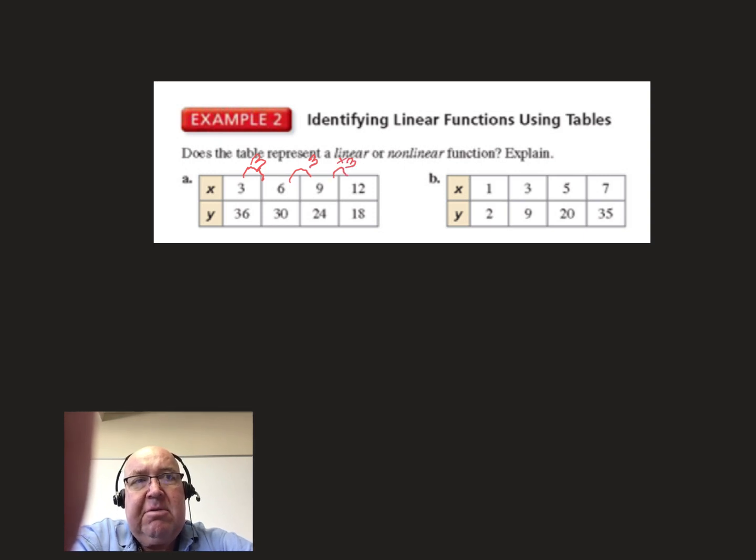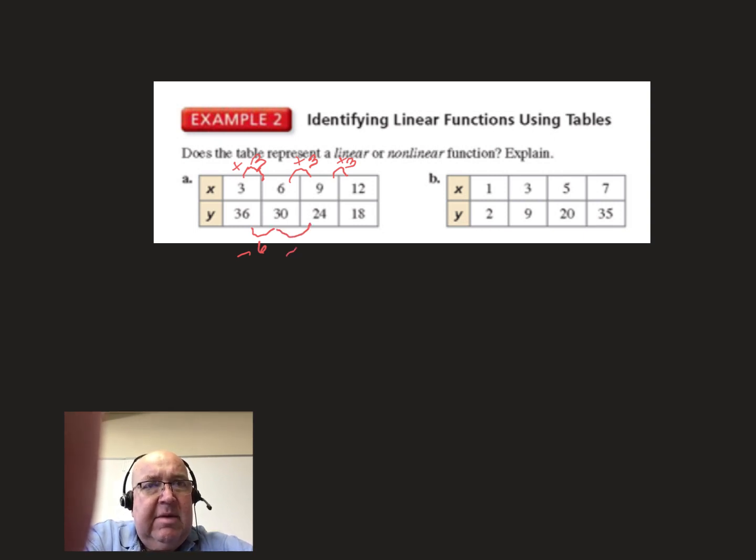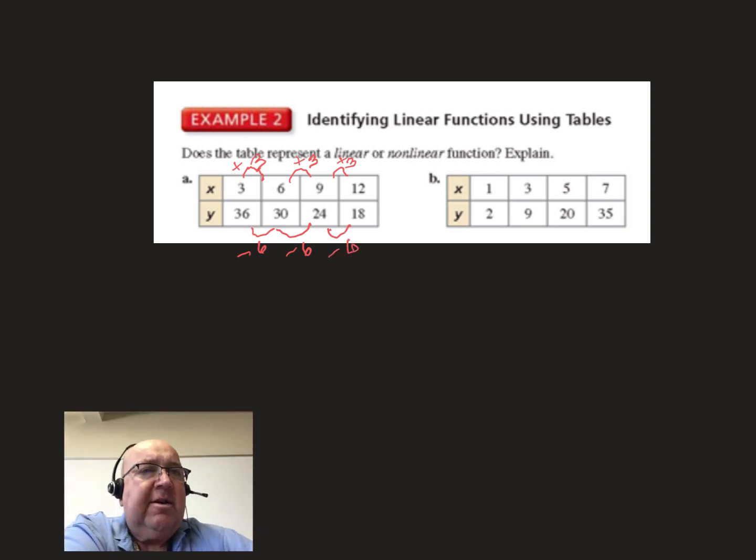So it's adding 3 to the input each time, and our output is going down by 6 each time. So if this went on to 15, the output would be 12, and it would continue to decrease. That is a linear function.